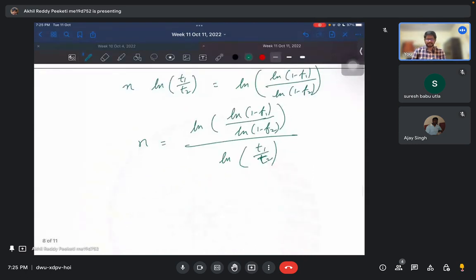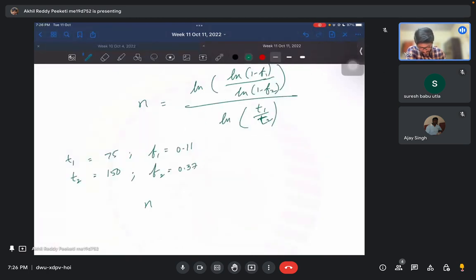Now this way we can estimate n, because we are already given the values of f1, f2, t1 and t2. So let's substitute them. t1 is 75, t2 is 150, f1 is 0.11 and f2 is 0.37.